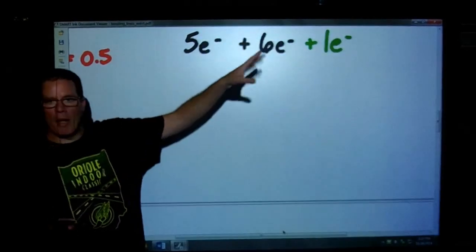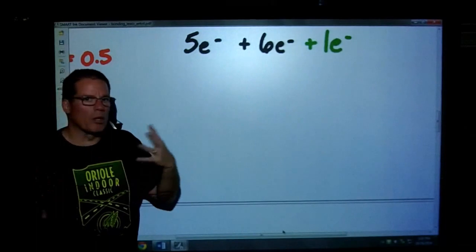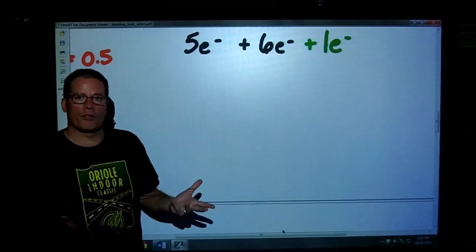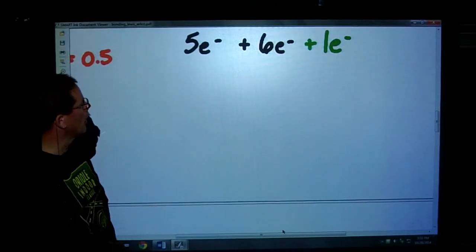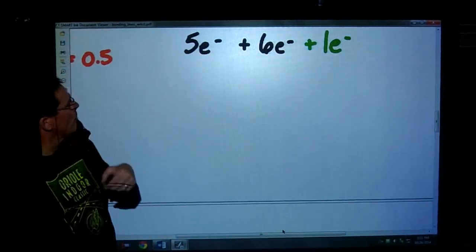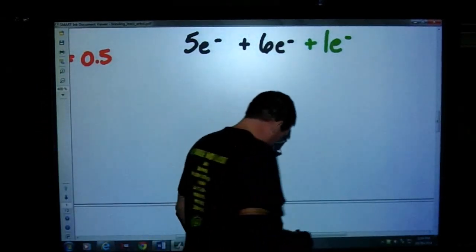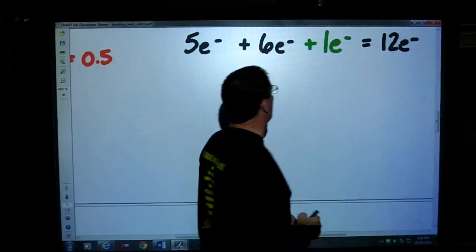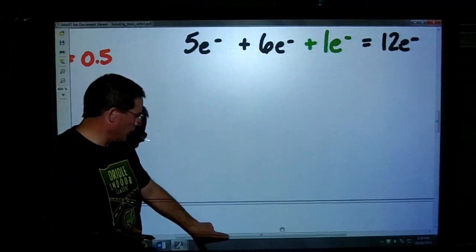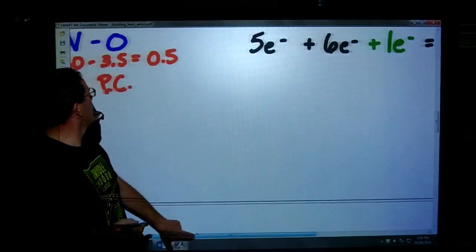So all we care about is how many available electrons we have, and then we're going to distribute them so that everybody's sharing the way they should. Okay? So when we add all these up, we get a total of 12 electrons. So we have to keep that in mind. We have 12 electrons, if I did my math right. Yeah, got 12.